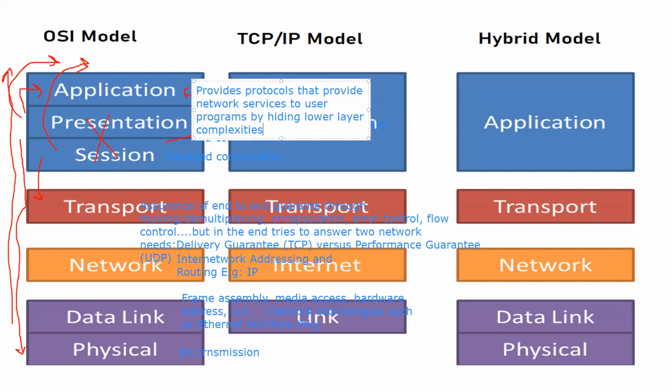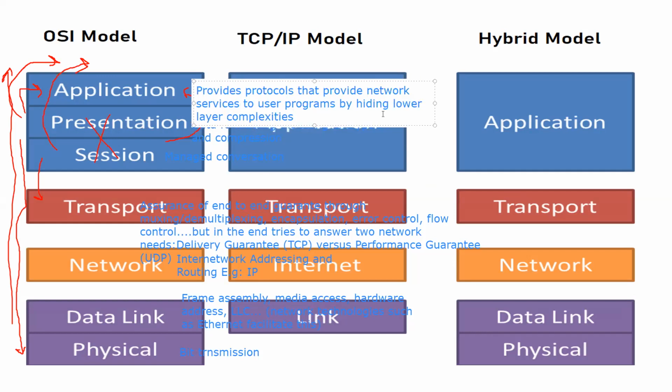What are those? Give me an example of a user program: Internet Explorer or Edge or Chrome or Mozilla, isn't it? You can use Chrome for web browsing. Who is the protocol facilitating web browsing for you? Okay, HTTP or HTTPS. Those are the protocols.